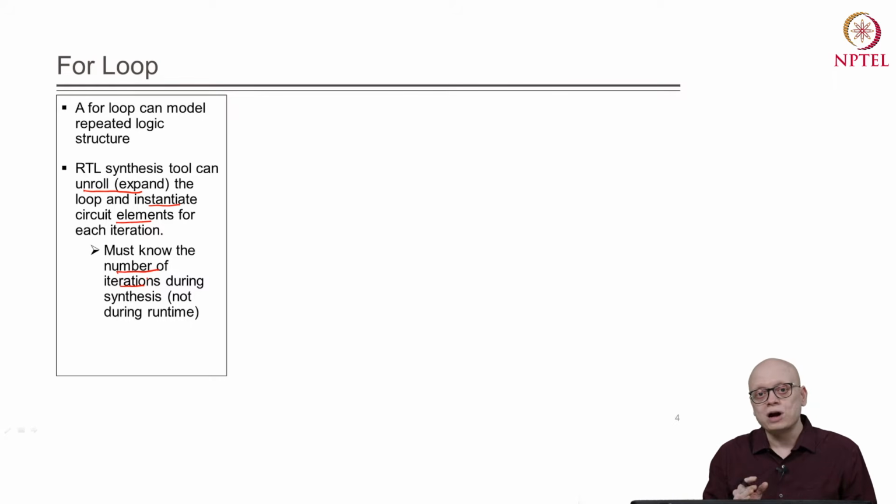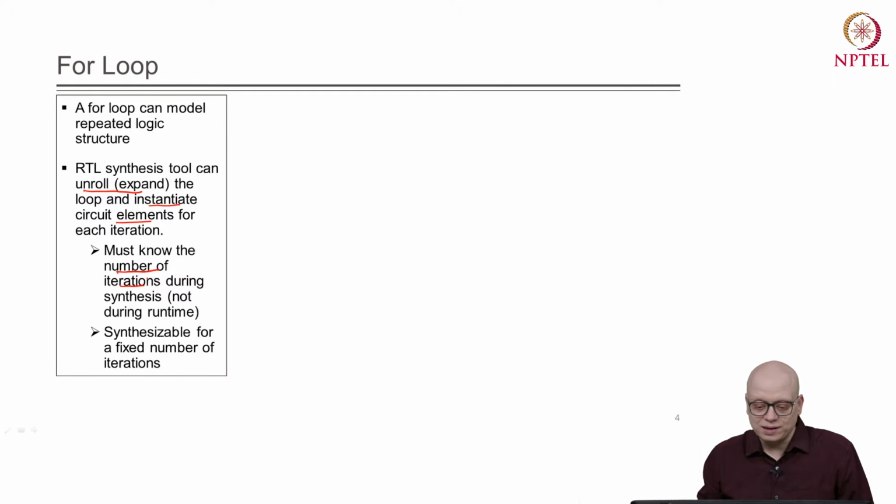If the loop count is a variable quantity, then the tool cannot infer how many times the loop needs to be unrolled and how much hardware it needs to put in. Therefore, a for loop in which the number of iterations is fixed or known at compile time, or during synthesis, is synthesizable in Verilog. So, let us take an example.